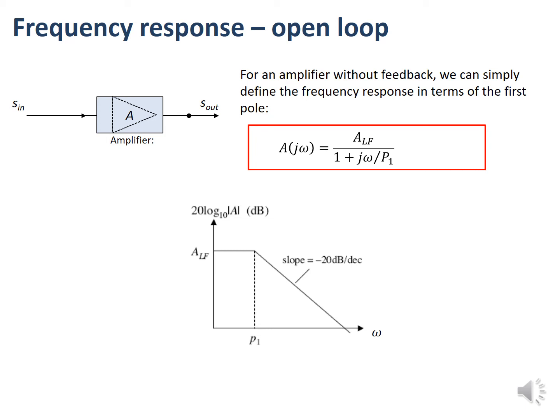This is the same slope that we saw in the filter case, and the point where it changes is referred to as the pole, the first pole, P1. In general, my amplification factor is going to scale with frequency in the way that's shown, and I'm going to end up with a frequency term as shown in the red box, where my gain reduces as I go up in frequency after the pole.